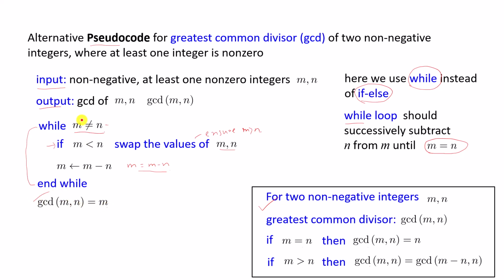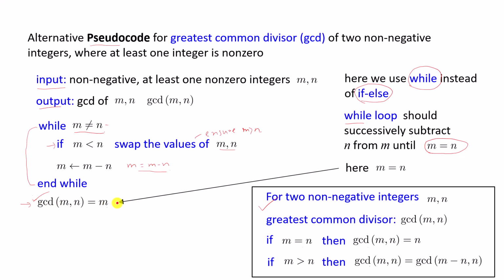So you may wonder why, if m not equals n, the program will not immediately come here and write GCD(m, n) equals m. No, it will not do that. As long as m not equals n, the program will not come beyond this end while. It will always loop within this while block, and within this while, it will keep on changing m until m equals n. As soon as m equals n, it will skip this while and come here. So I don't have to write if m equals n, because this part will be reached only when m equals n.